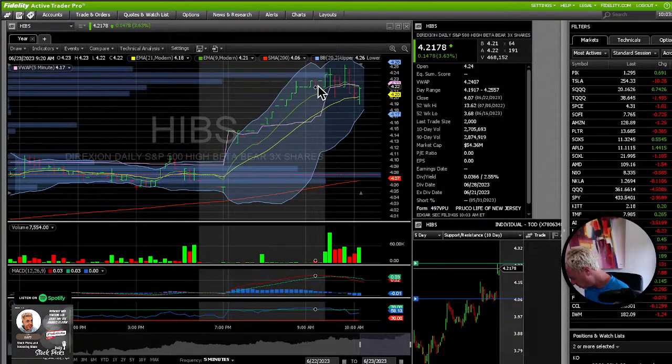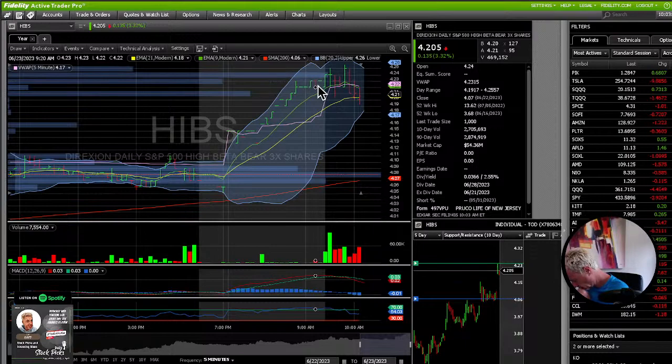Is it not filling, Fidelity? I want to get rid of this before I get screwed.